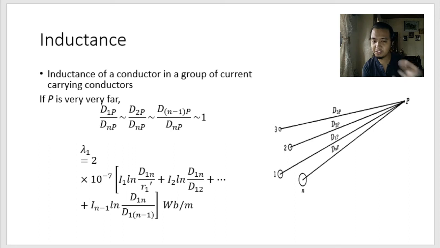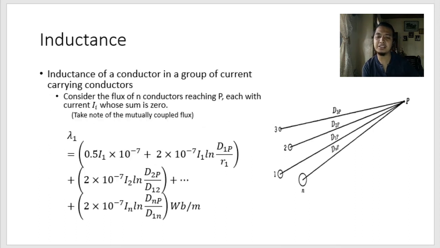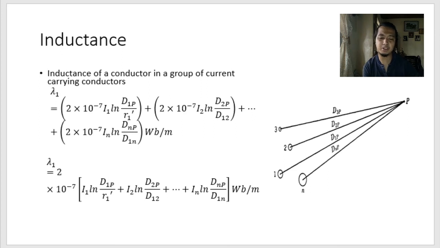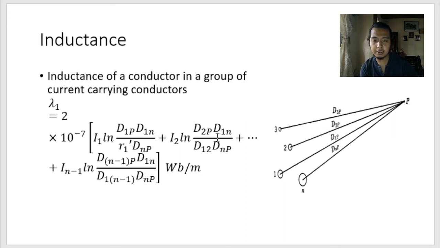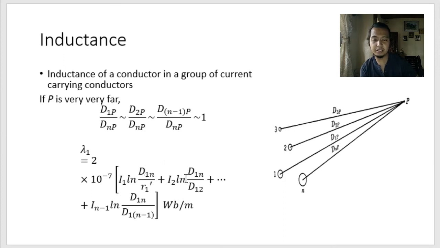It hasn't changed much from the earlier one, but now instead of d2p over d12, it's now d1n over d12. And all of them are in terms of D1N. So they are all D1N, D1N, D1N.